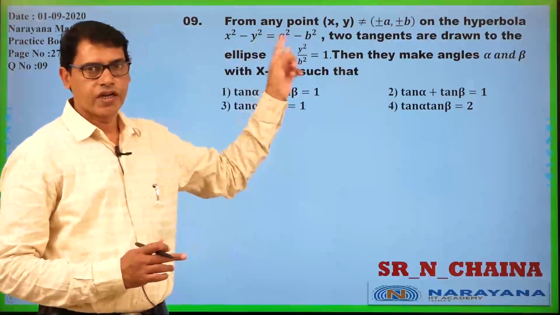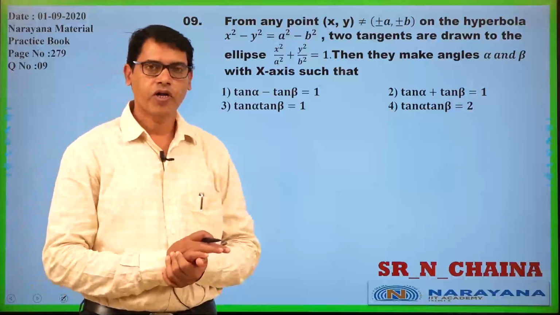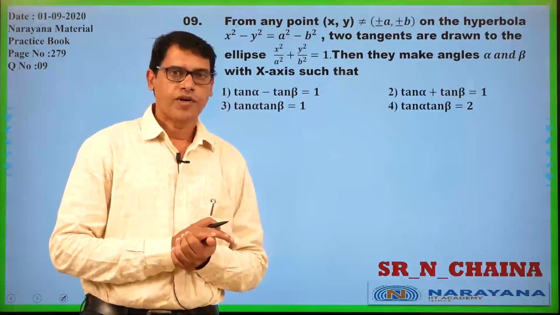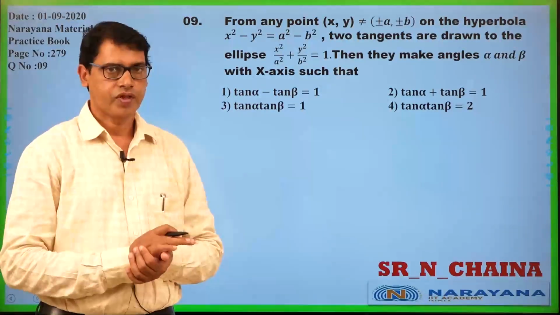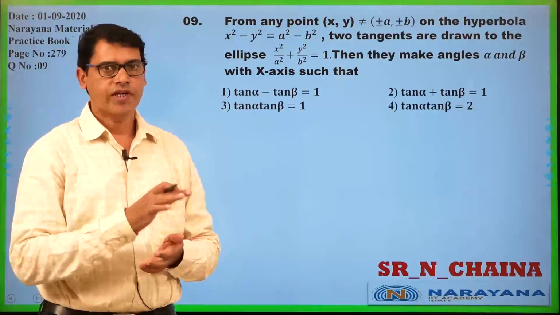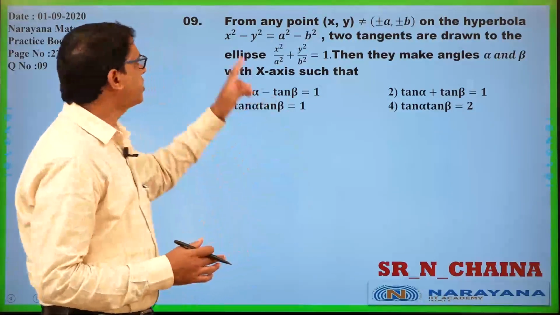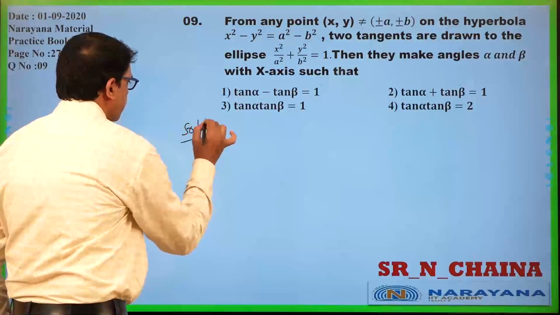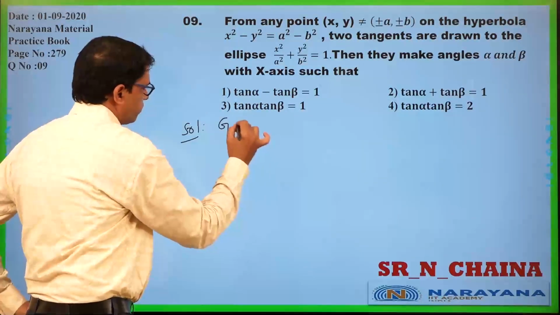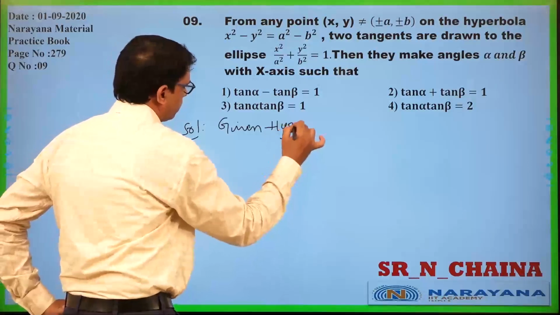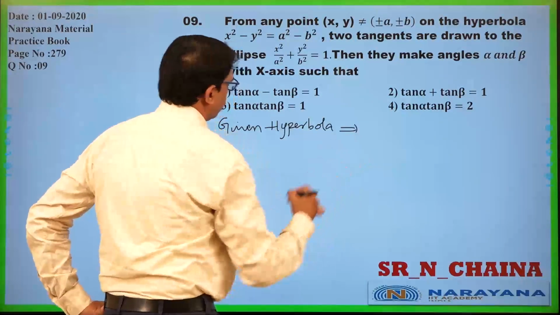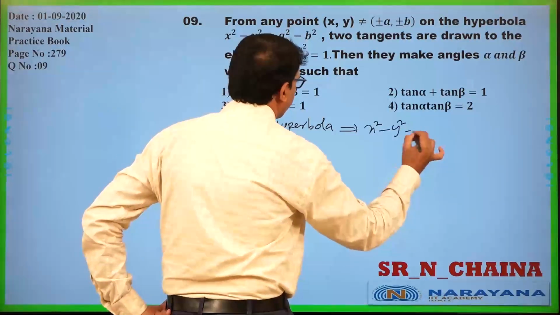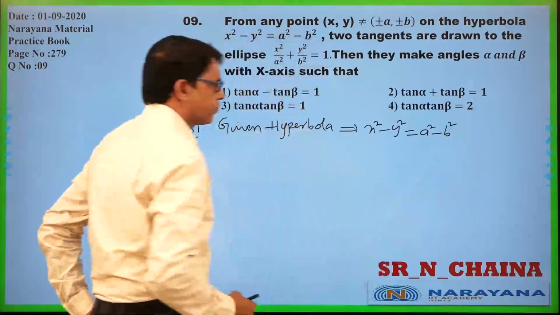Okay. Now go to the first line. Any point on the hyperbola except plus minus a, plus minus b. So I am taking the point as h comma k. I can take any point. The given hyperbola is nothing but a rectangular hyperbola: x square minus y square equal to a square minus b square.